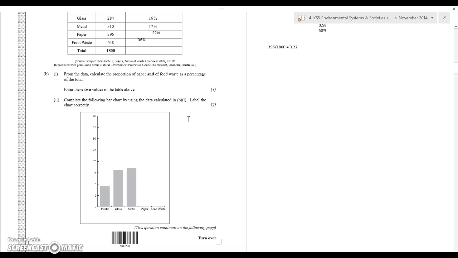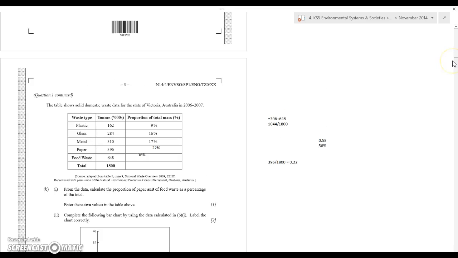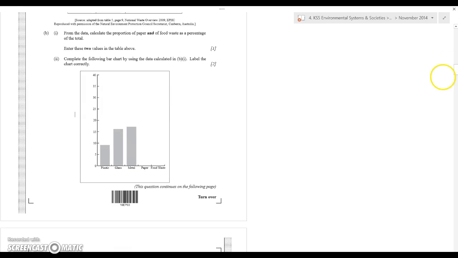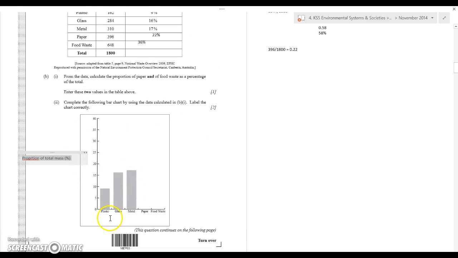Okay, so paper. Now it says label the chart correctly, so that means they want me to label my axes. So here, this axis has got to match what's on my table, proportion of total mass, and do it as a percentage. Okay, so that's that axis there.